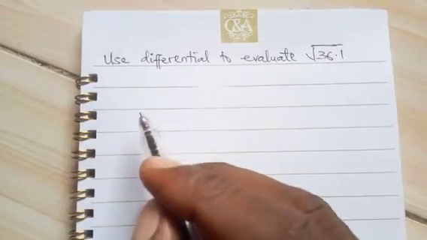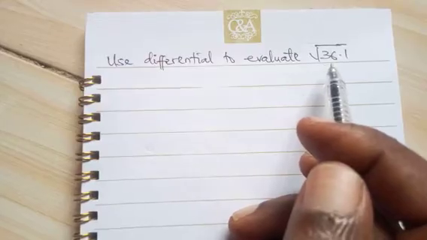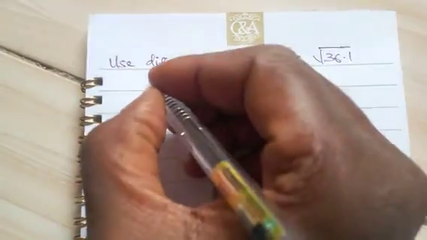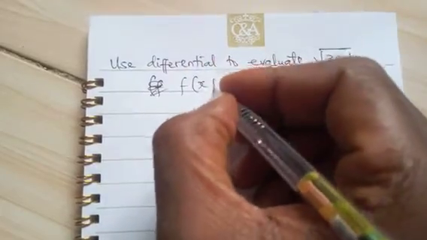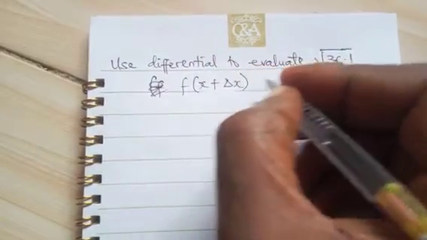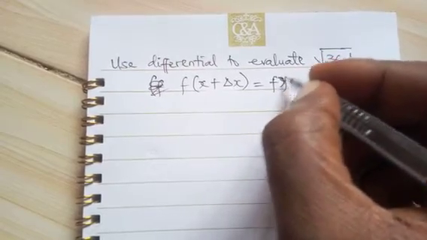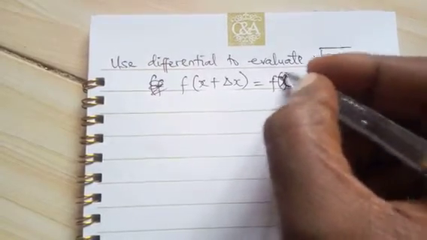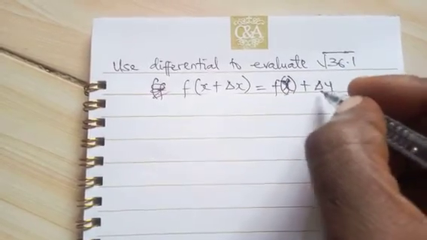This question says use differentials to evaluate the square root of 36.1. Now we still use the same formula, f(x + dx) is equal to f(x) plus change in y, that's dy.